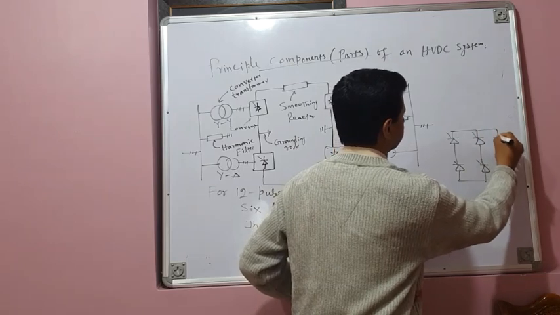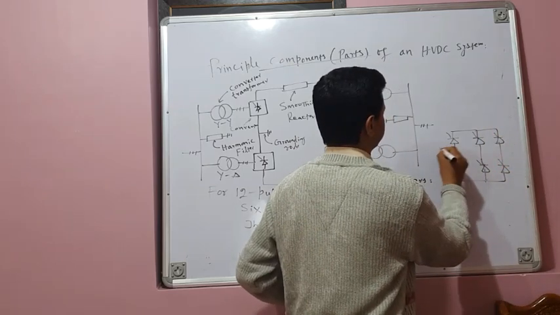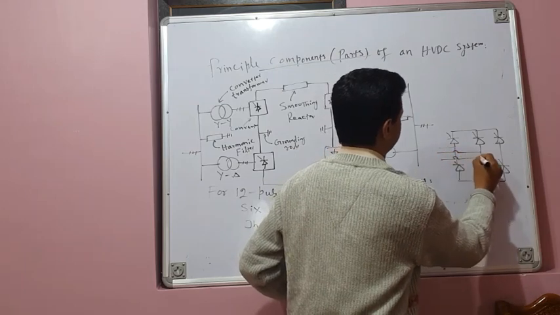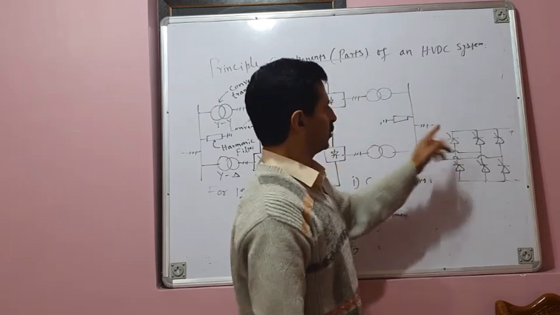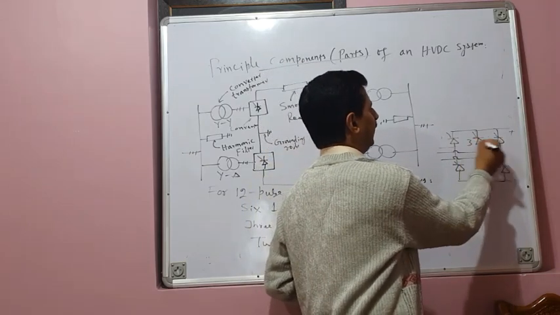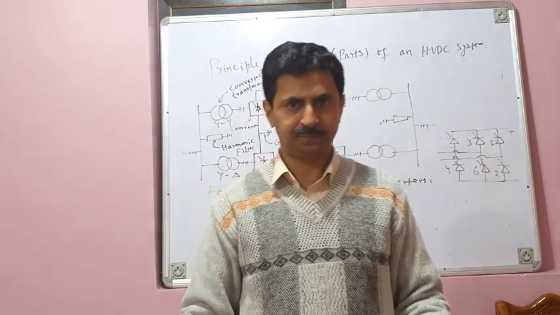This is a 3-phase bridge converter or 3-phase 6-pulse converter. This is the AC side and this is the DC side. So this is 1, 3, 5, 2, 4, 6. This is how we label them.